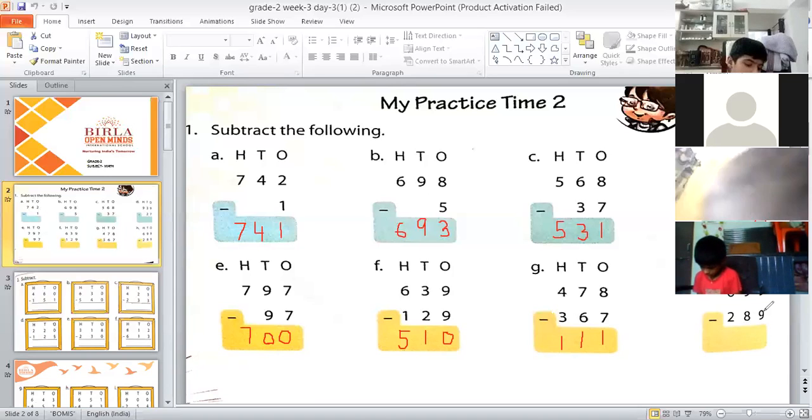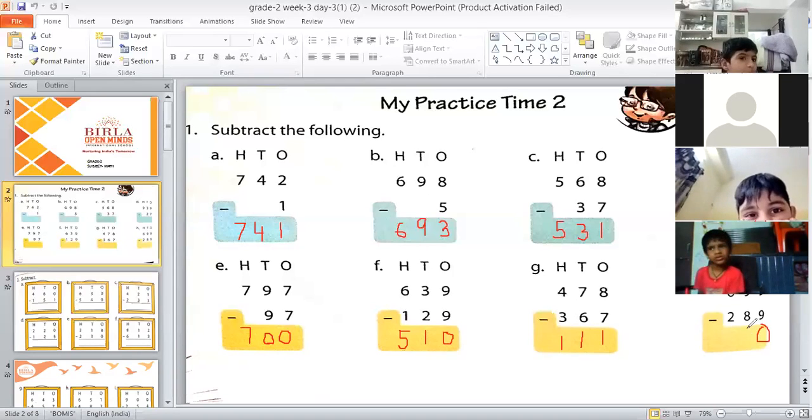So now tell me, Supratik, in ones place, 9 minus 9? 0. Very good. And in tens place, 9 minus 8? 1. Very good. And 6 minus 2? 4. Very good. 410. How you will read this number?